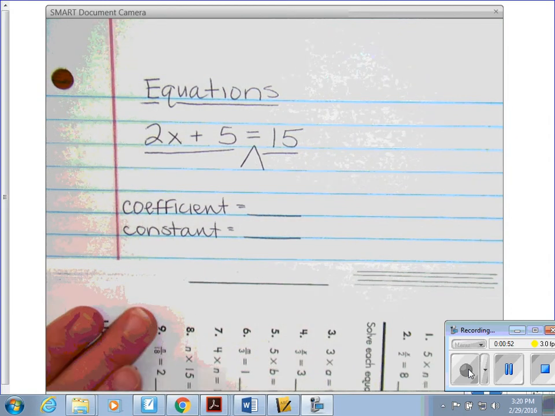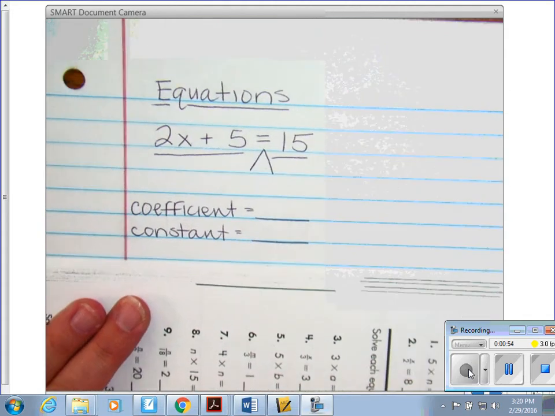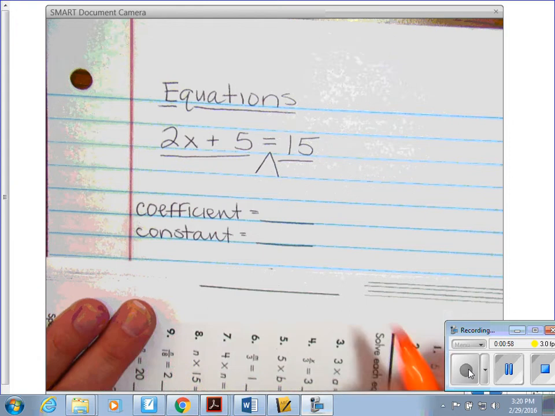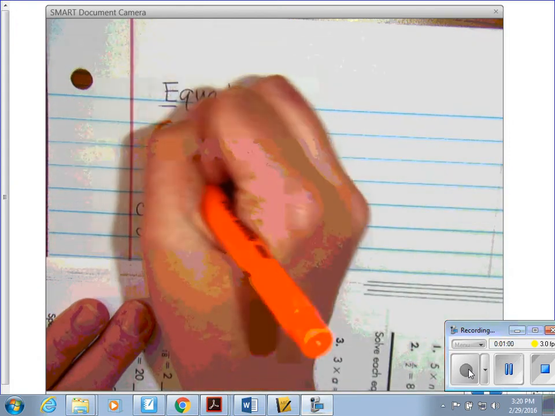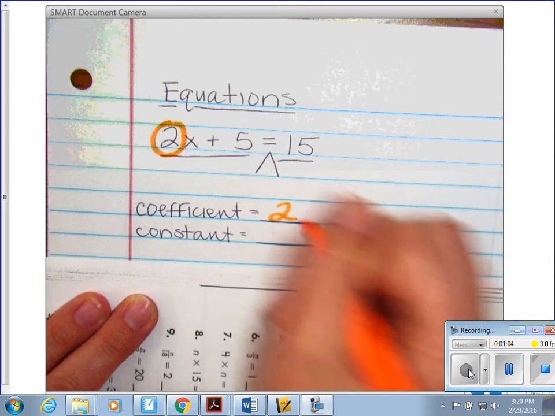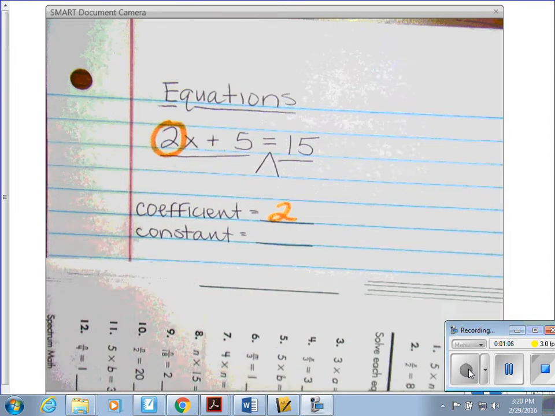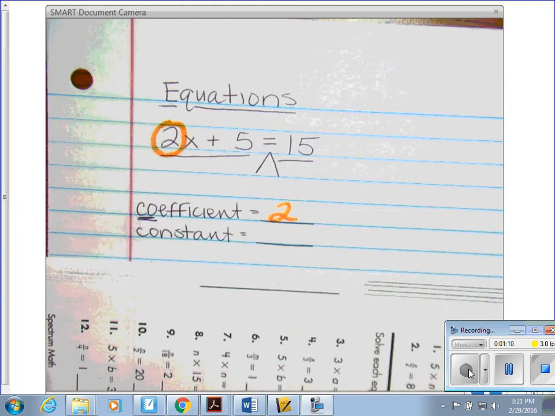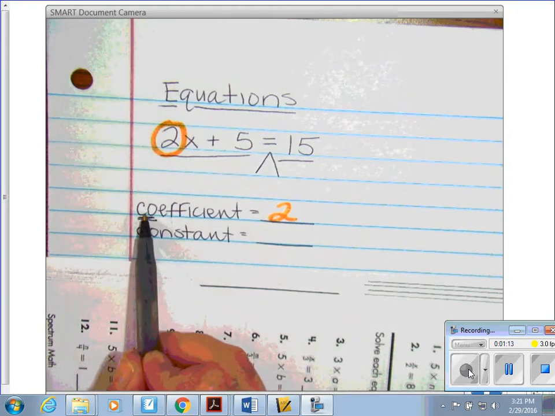So let me just review with you. The coefficient is the digit that's with the x value. So in this case, my coefficient is 2. You can kind of think of the word co as like a co-worker. Co means with.